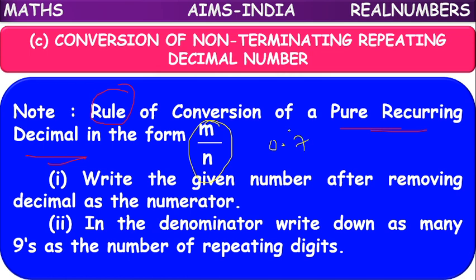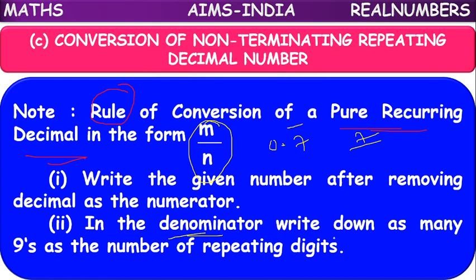Suppose we have 0.7 bar. What we have to do is write the given number after removing the decimal as the numerator. So for 0.7 bar we remove the decimal point, it becomes 07, and 0 on the extreme left has no value, so we take 7 in the numerator.